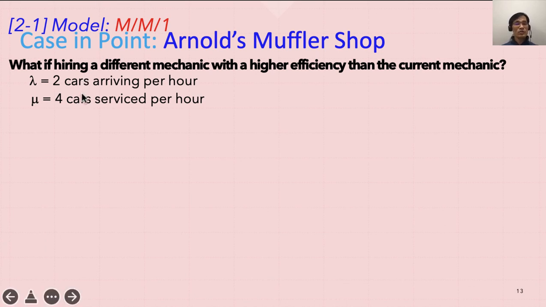Lambda equals 2. That's the same. So in that case, would it be better? If it's better, how much money can he save? That's given that the demand is the same, but you are hiring a person with a higher efficiency by paying more money to that person, to the mechanic. So would that save you money or not? If so, how much, right? That you want to know.